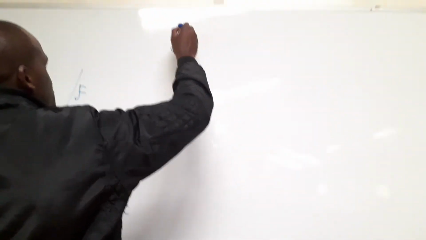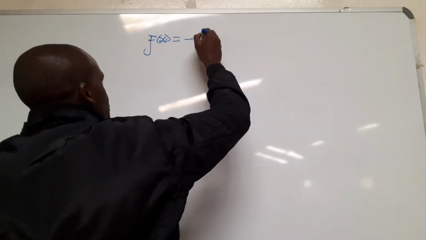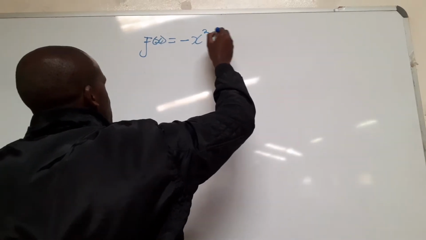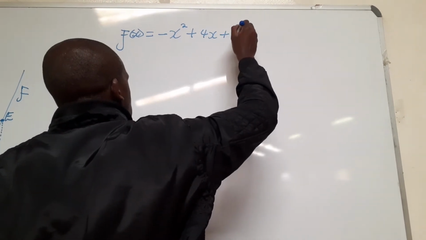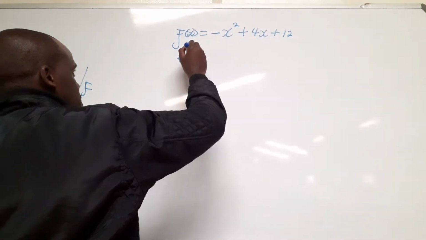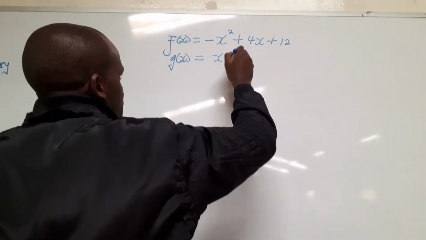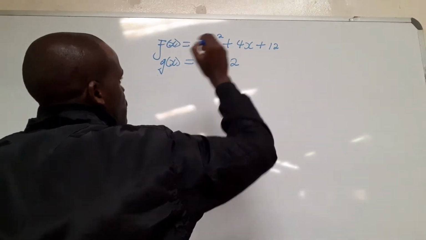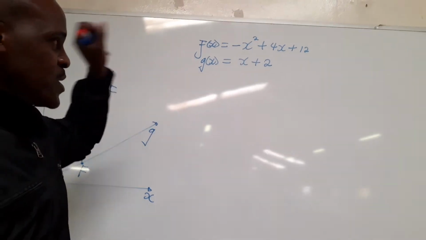Let's say our function f is given by the equation minus x squared plus 4x plus 12, like that. Let's say the function g is given by x plus 2. We've got the two functions.